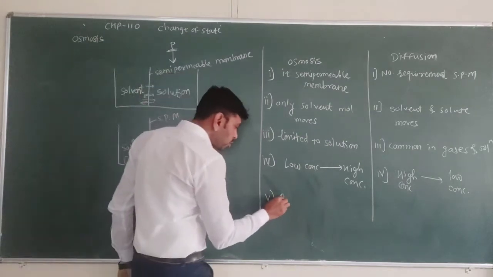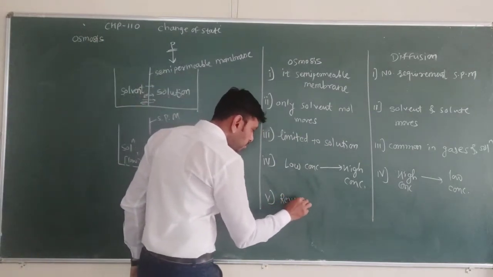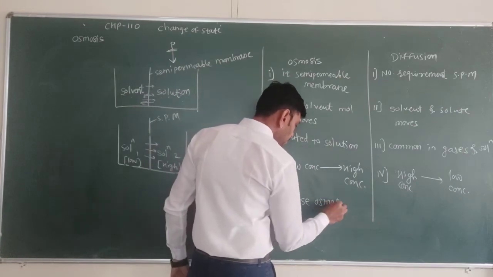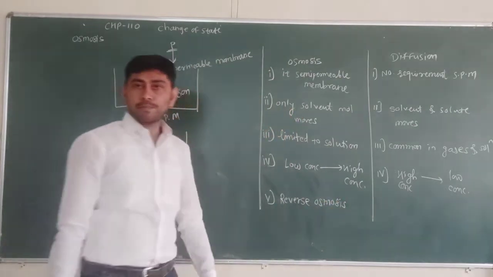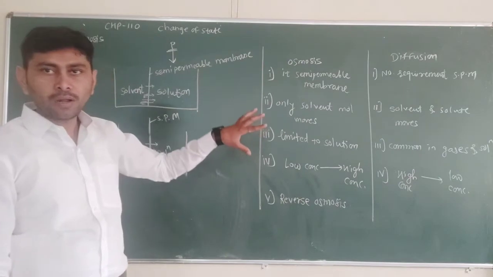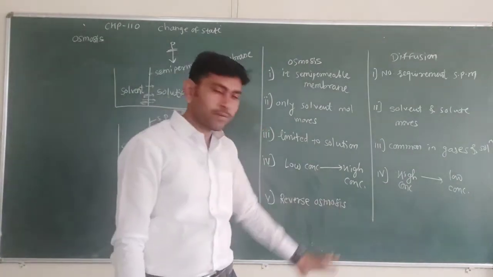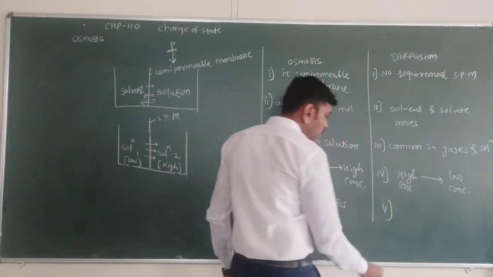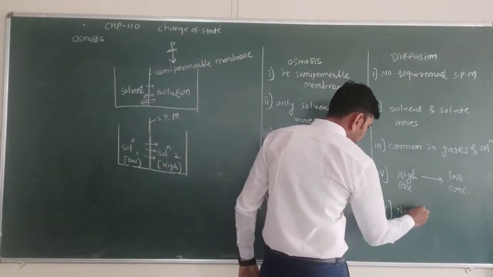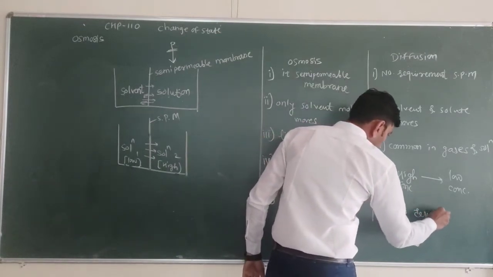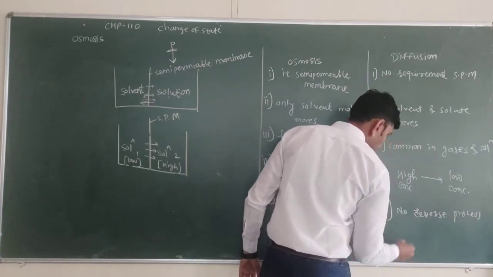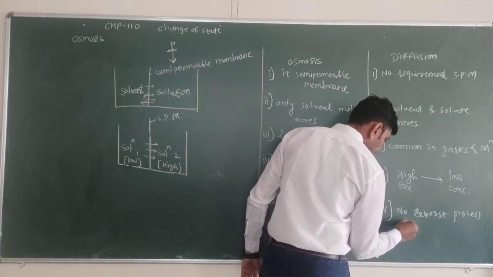So reverse osmosis is possible by applying pressure. That pressure is what we call osmotic pressure. But in diffusion no reverse process is possible. So this is the basic difference between osmosis and diffusion.